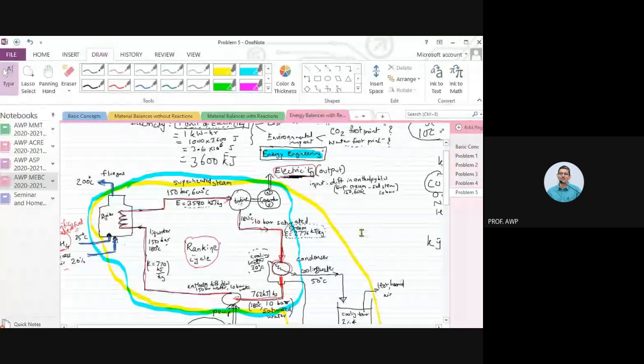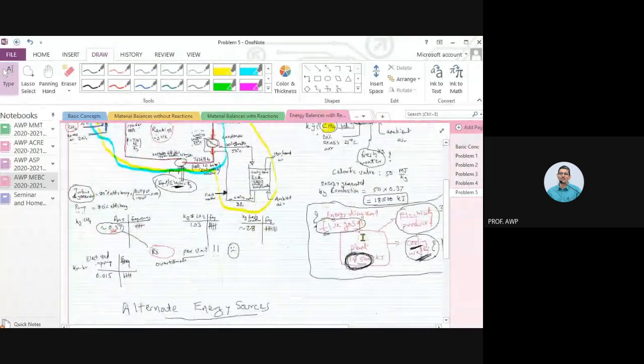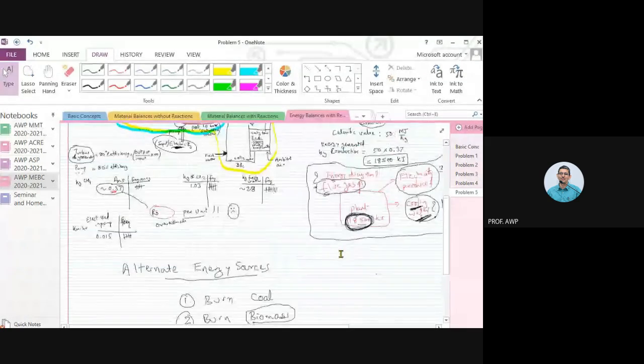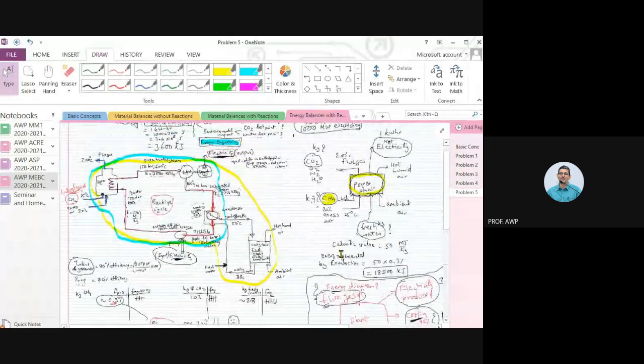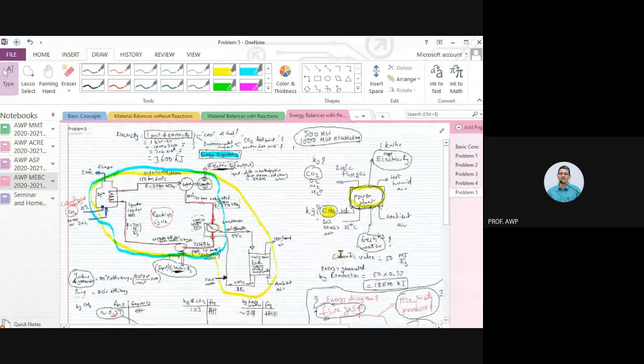It's okay for a car to have the fuel directly go to mechanical power. It is inconvenient to do it in a power plant because of the huge amounts of energy that are generated. All right, Arya? Yes, sir.